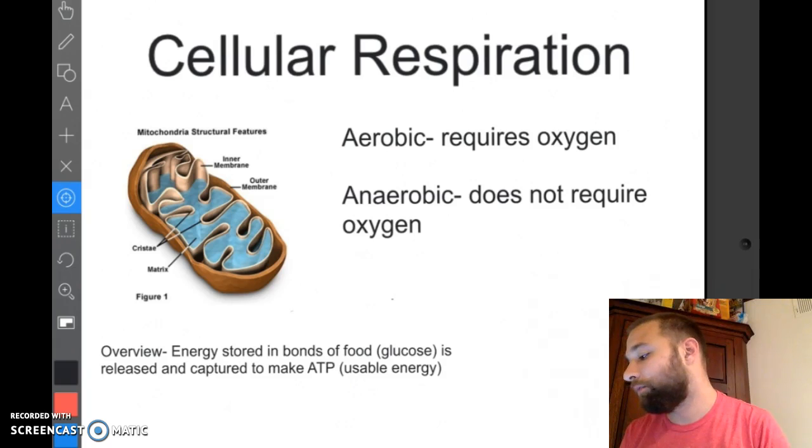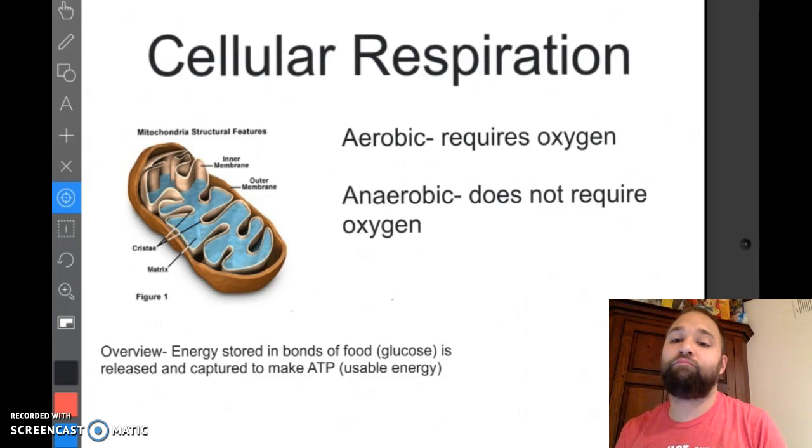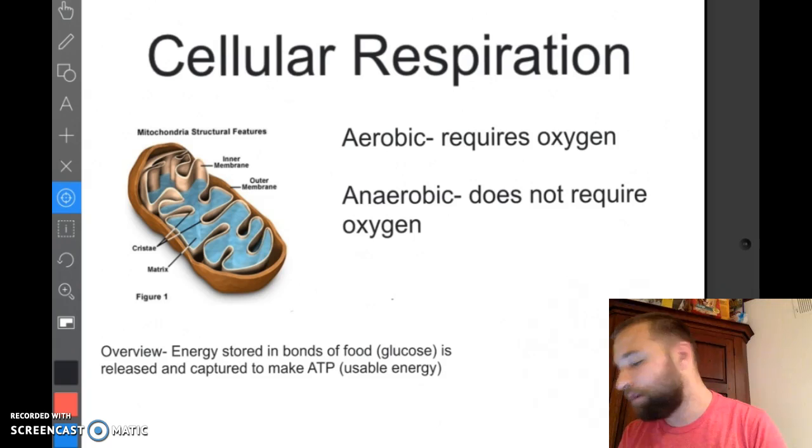You will learn how cells obtain from food the energy they need to carry out life functions. In this section, we will talk about respiration and explain why it's important, which you could already do. Respiration and photosynthesis are similar but opposite processes, but they're both very important, so we're going to talk about that.